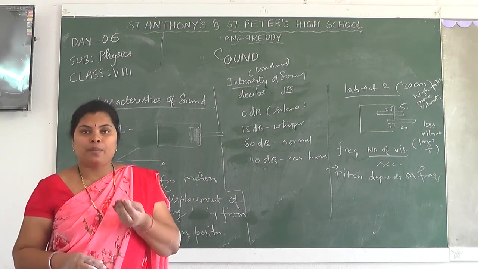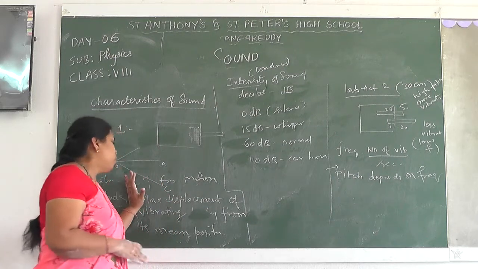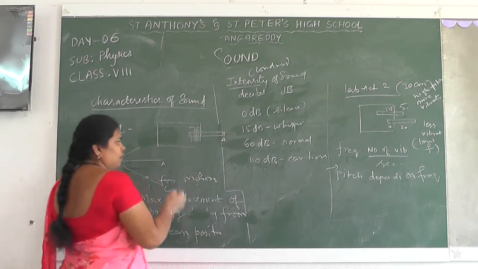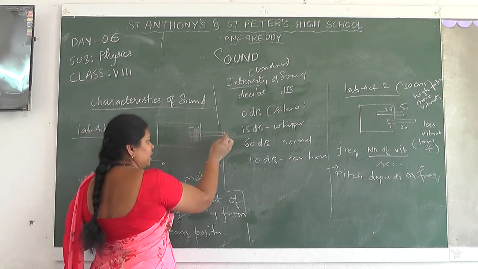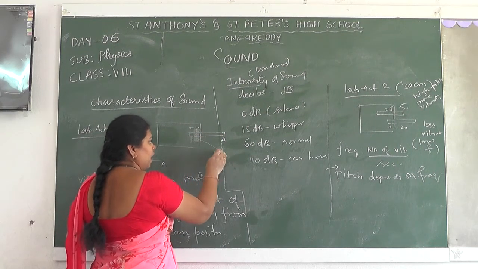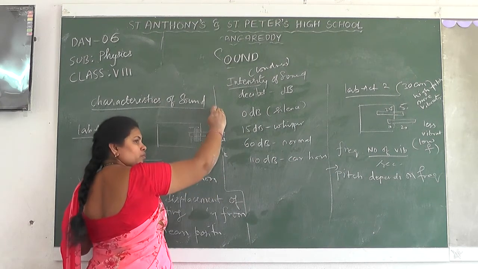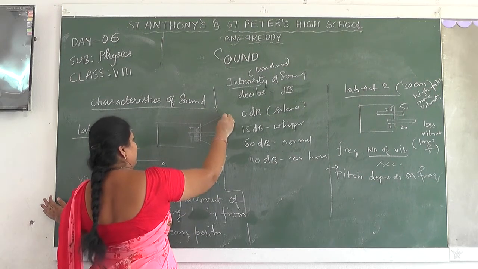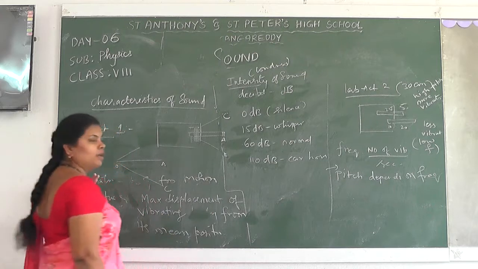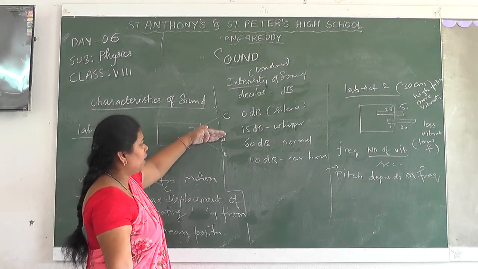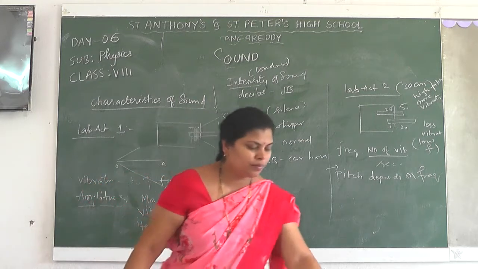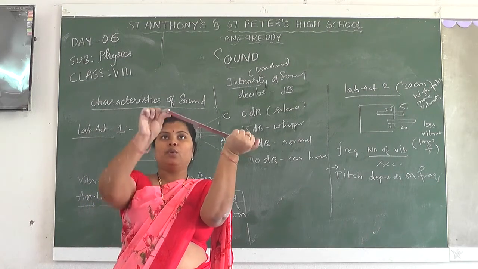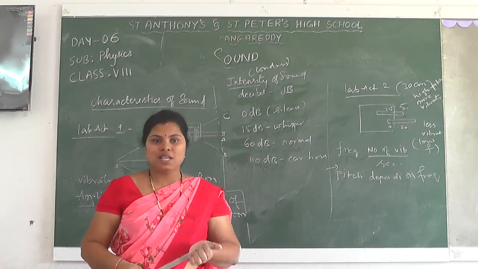What is meant by a vibration? The to and fro motion of a body. For example, here originally it is in its mean position A. When you pluck it down, this blade will be coming down and then move up to A. Let us assume it to be B. When you are plucking it, it is coming down and then going up and then coming back to its original position.